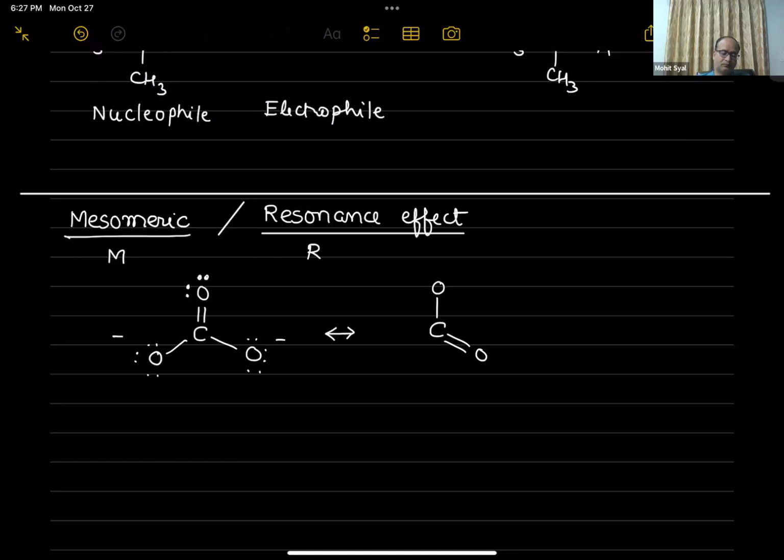Is it correct or incorrect? Yes, true. It's exactly the same, because all three oxygens are equivalent, so I can make a double bond with any one of them and keep the other two as single bonds with O minus. Got it?